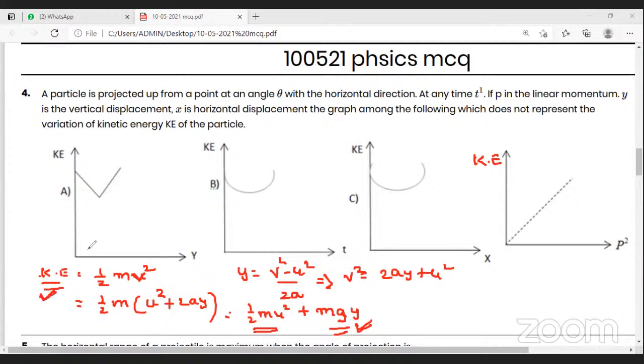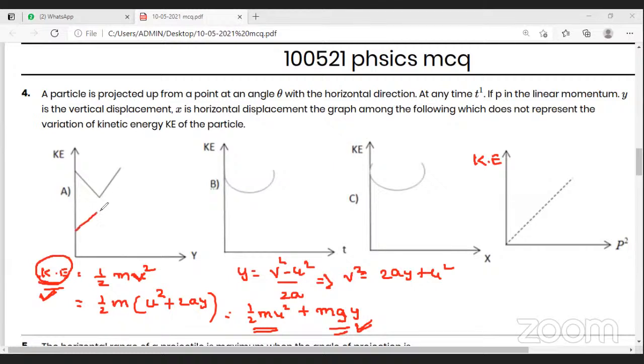But see here, while the particle is moving up, y increases, height increases. When height increases, kinetic energy should increase. But here kinetic energy is decreased initially. So it is the wrong one.